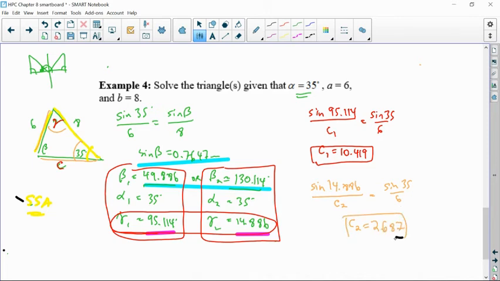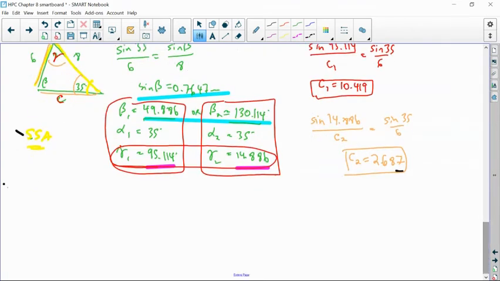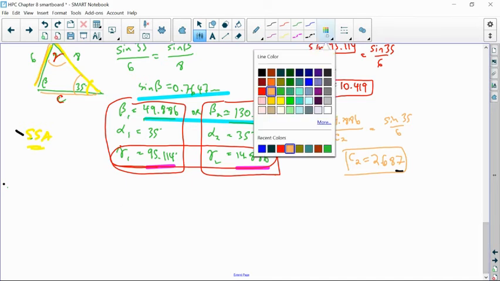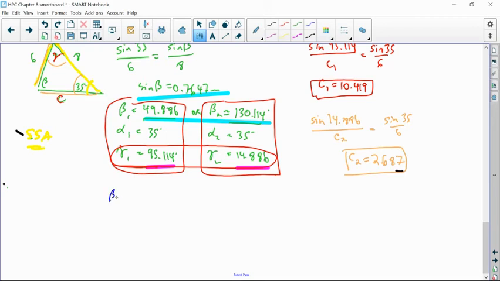When you're in the situation where you have two triangles, I think it's helpful to subscript them, like I did. Let's go with blue. Angle beta in the first triangle was 49.886. Gamma in that triangle was 95.114. And C in that triangle was 10.419.